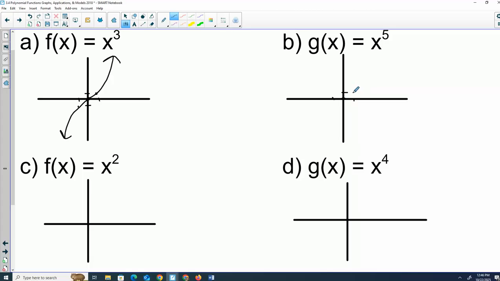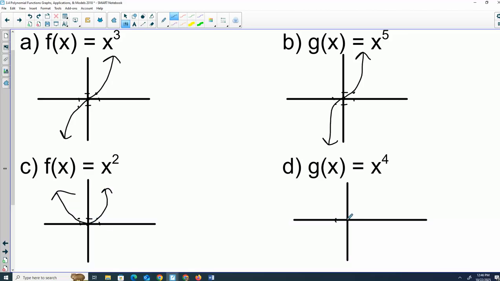It has the same original points, but then after that, you're just getting a skinnier chair. Okay. We know what x squared looks like. We've seen it before. That's our parabola. What's x to the 4th?